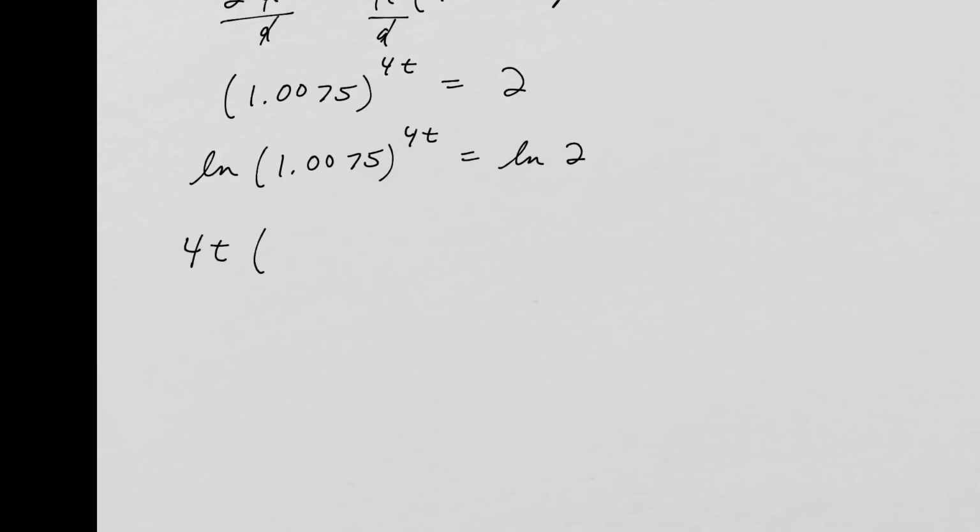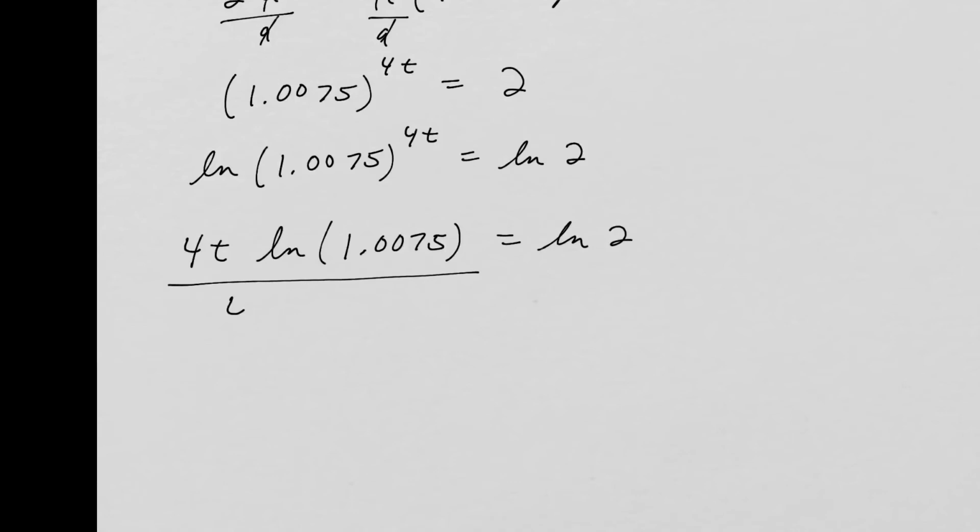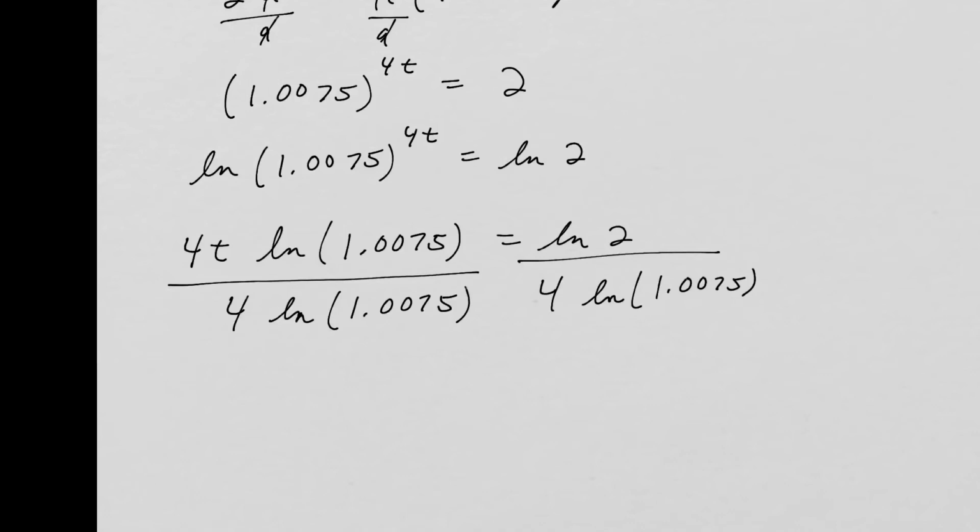Oops, and I still have natural log of 1.0075. That's going to equal natural log of 2. And now to get t, I can divide both sides by 4 times the natural log of 1.0075. So then these cancel, right?